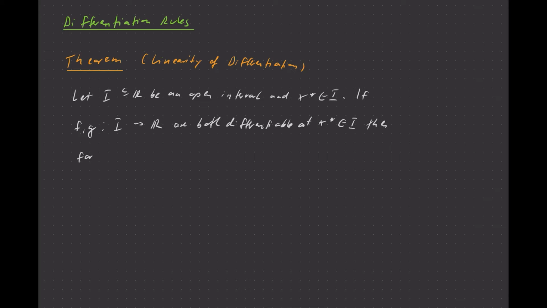We can take the sum, the difference, or any weighted sum, or in general, any linear combination of those two. So for arbitrary values lambda and mu in R, the function given by lambda f plus mu g, that's a function again defined on I and with the codomain R. This function is also differentiable at the point x star.